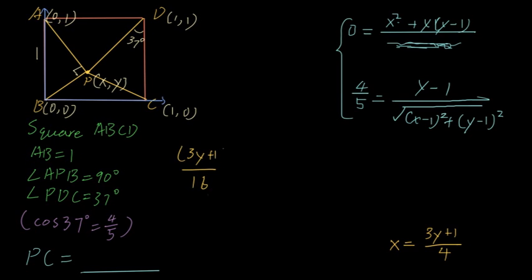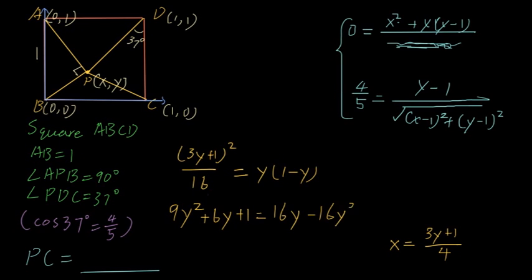3y plus 1 squared is equal to, actually let's have, is equal to y times (1 minus y). And then we will unfold this square to get 9y squared plus 6y plus 1 is equal to 16y minus 16y squared.